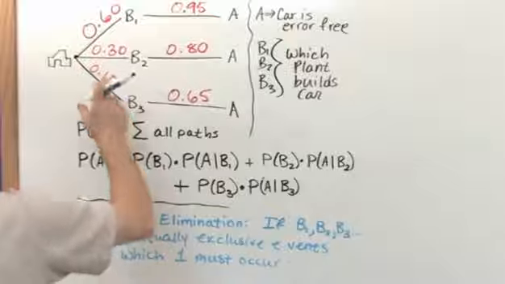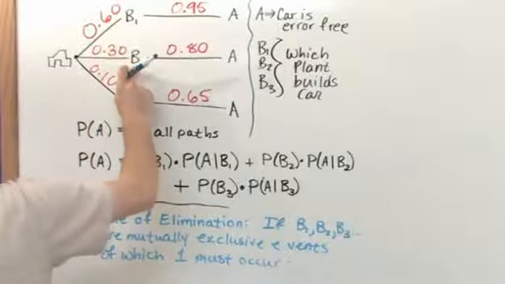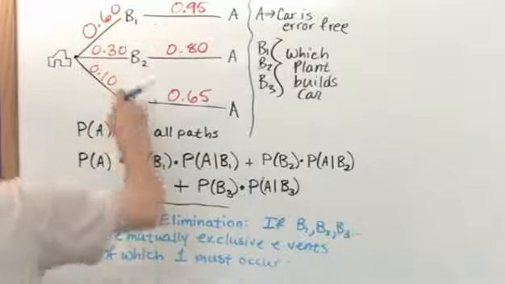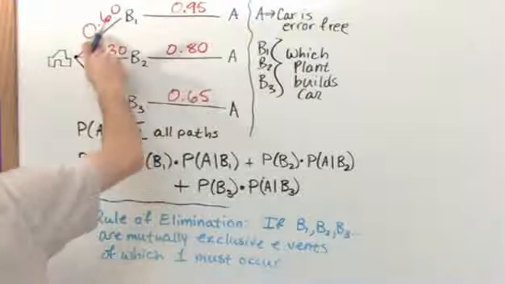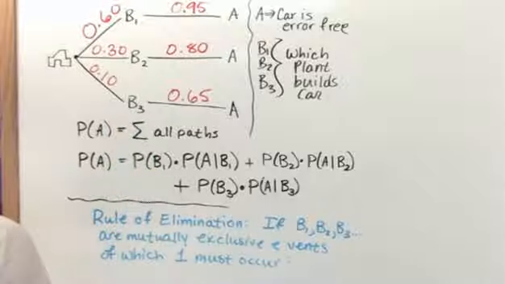The car comes out either produced by B1 or B2 or B3. There's no way a car is built by both of these plants at the same time. So these events are mutually exclusive, and that's what this is talking about.